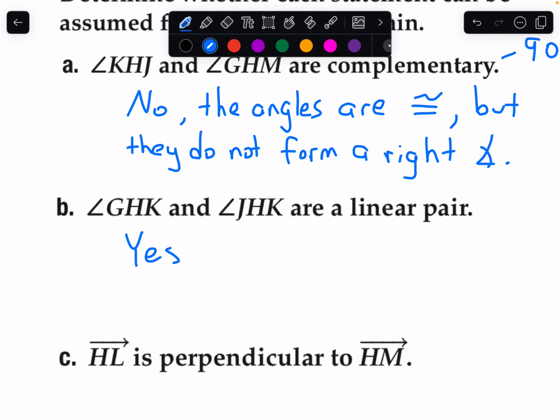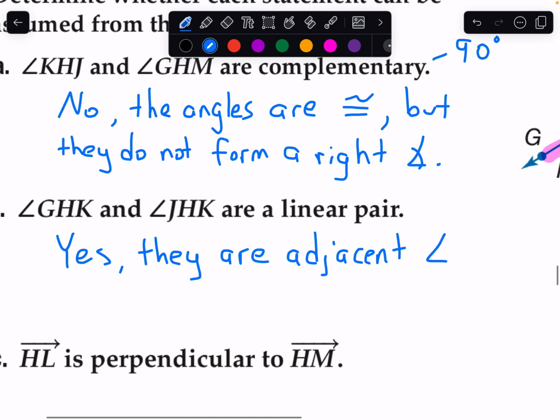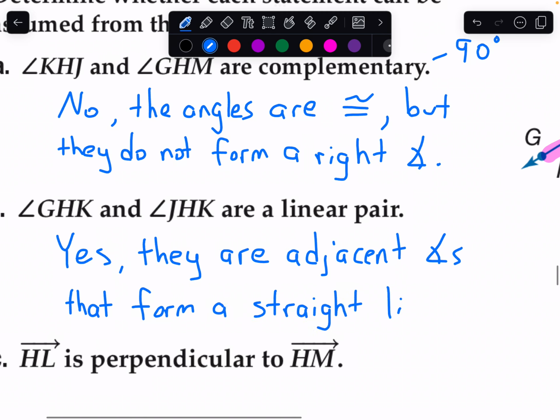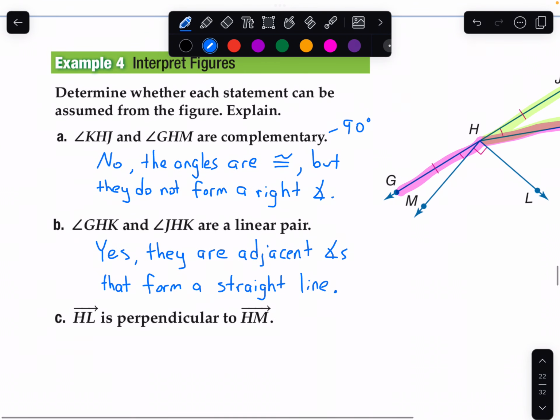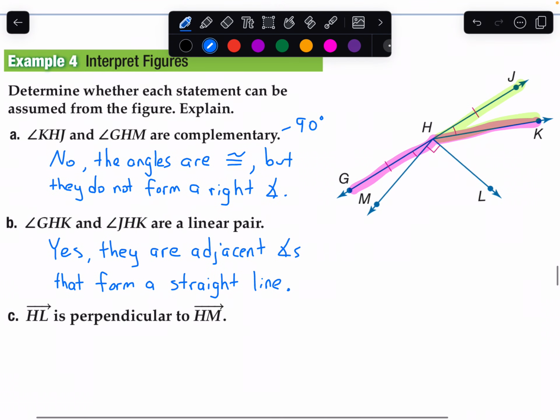Why? They are adjacent angles that form a straight line. Good.